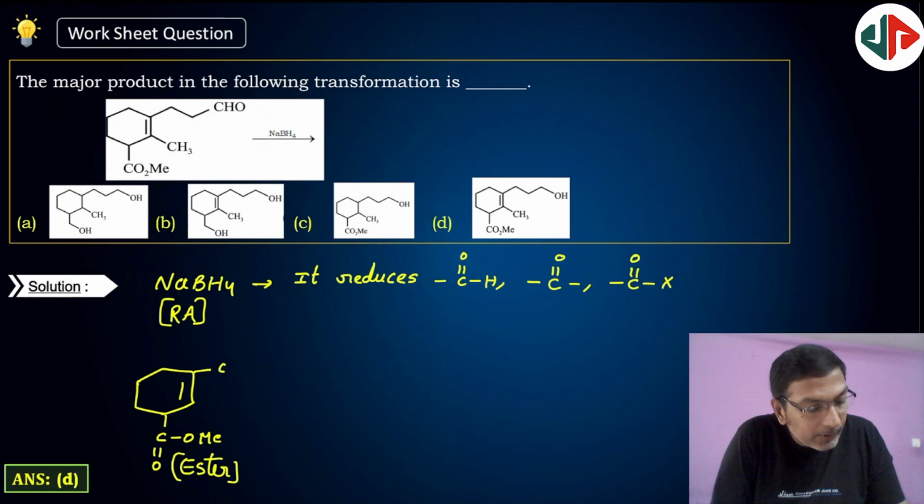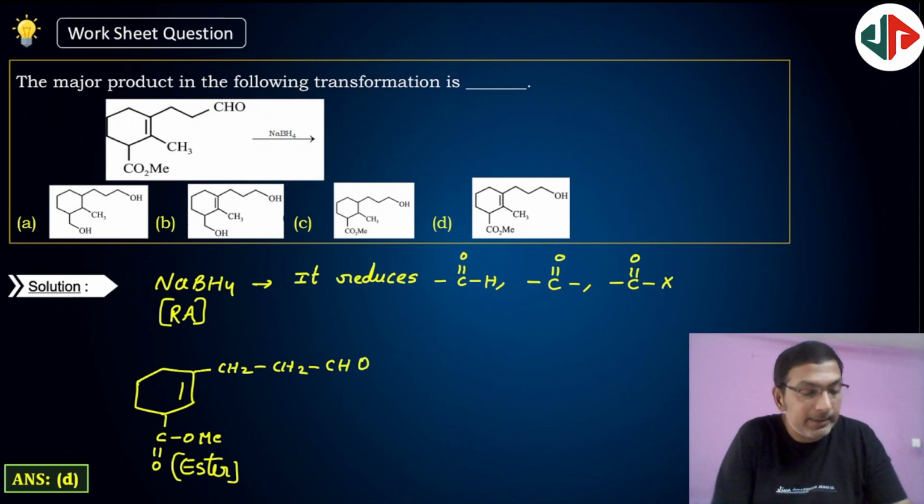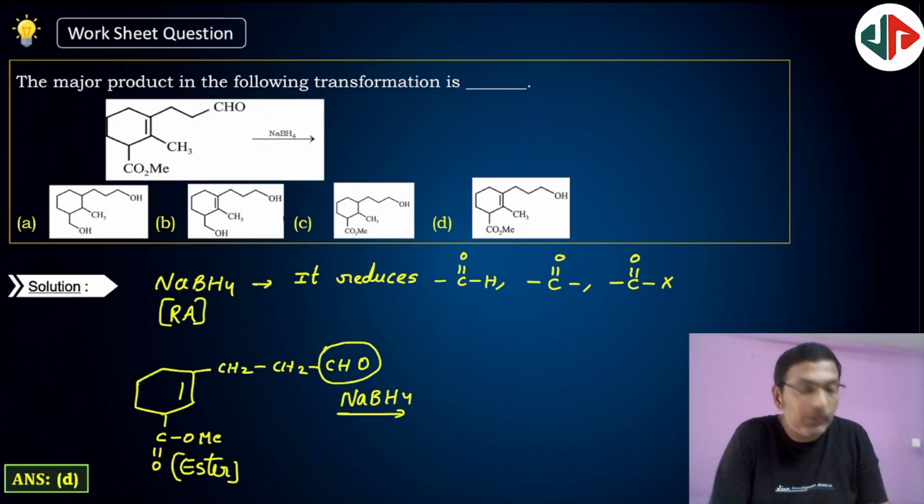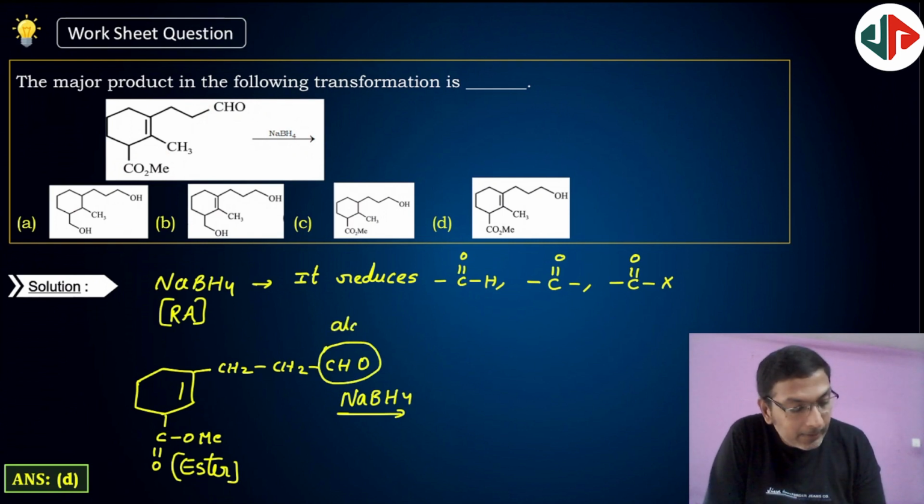Next. Here CH2, CH2, CHO is present. So NaBH4 reduces only the aldehyde. Only the aldehyde will be reduced to the corresponding alcohol.